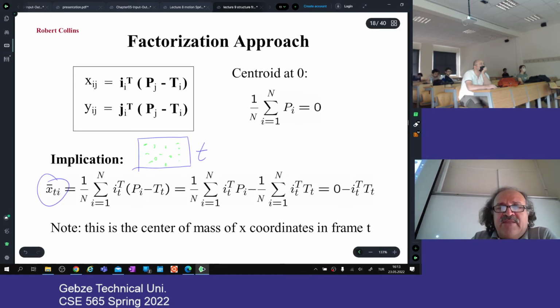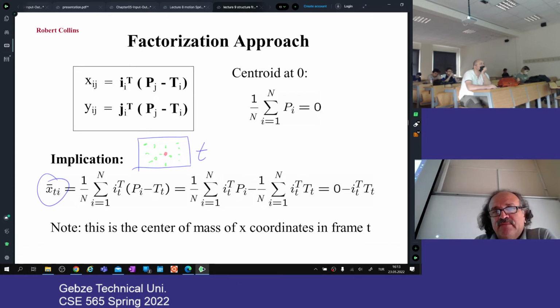So x bar t i means that for the frame number t, if I take all the points, add them up, take the average, you are going to get this value. So it's going to be, for example, this point.